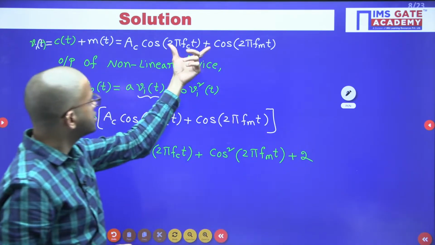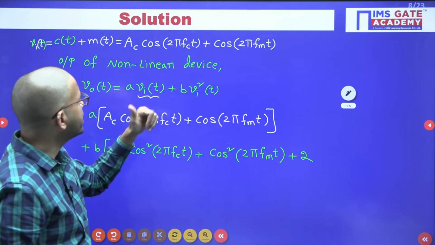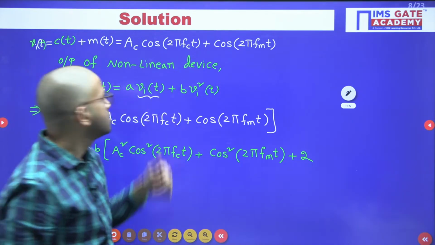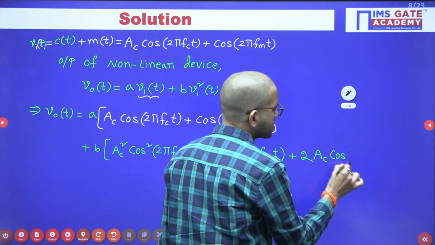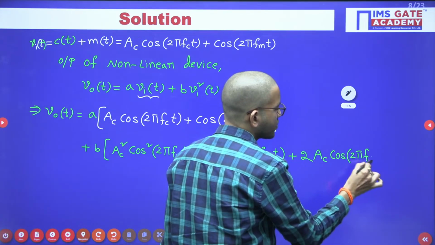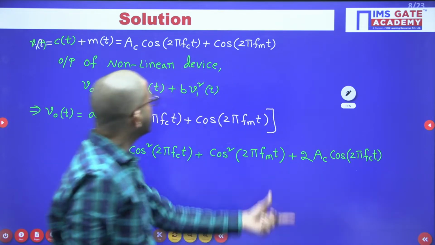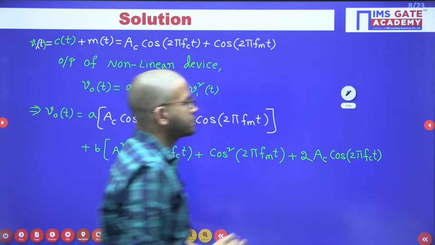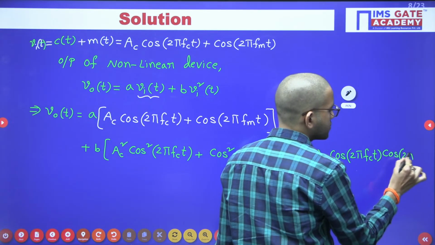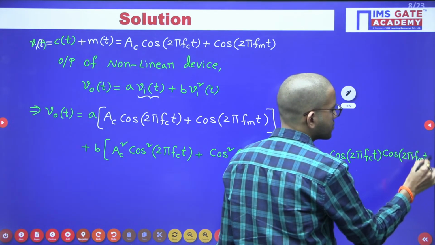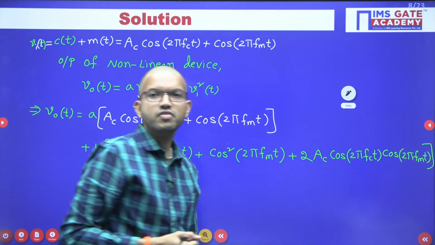That means you have to just multiply these two terms. What you are going to get? AC cos 2 pi fct into cos 2 pi fm t. Is it clear for everyone?